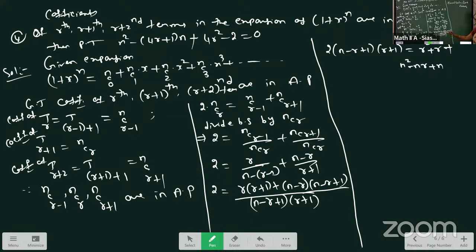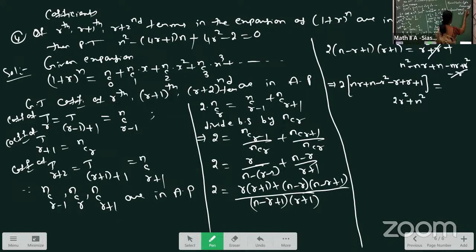Next multiply -r with (n-r+1), so -nr + r² - r. Now on the right side, +r and -r cancel, giving r² + r² = 2r², plus n² - nr - nr = -2nr, and plus n.